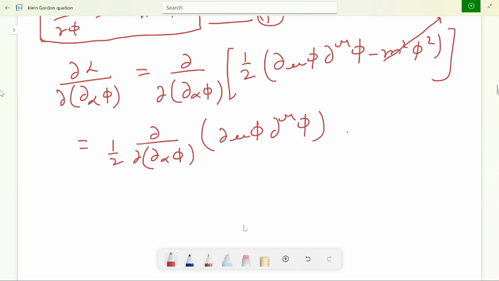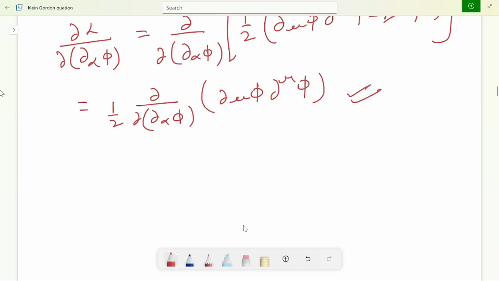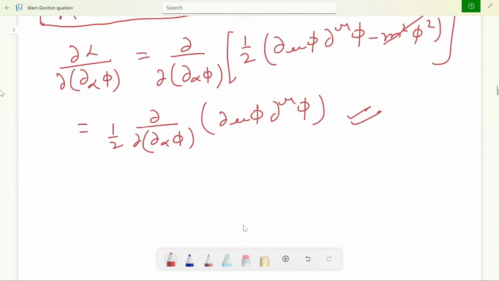This is the only thing we are concerned with now, right? So here we will use our usual product rule. By the product rule, we are going to leave the first term, which is the covariant term, d mu phi, and we will proceed with our contravariant term, right?